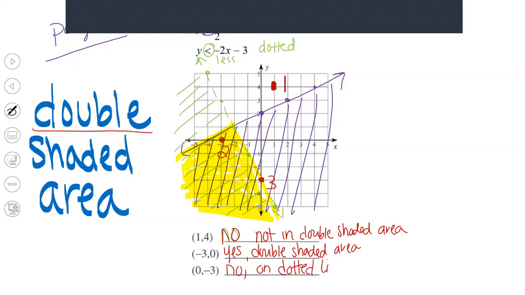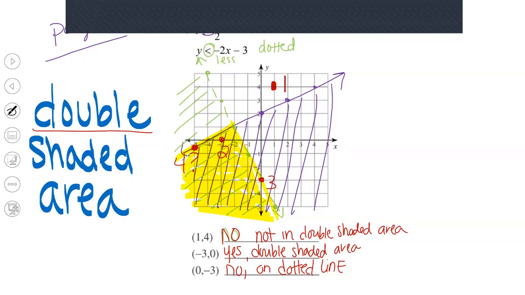Now, I'm going to ask you 2 what ifs. Okay? So this isn't on your paper, so pay attention. What if it was on this point right here? I'm going to put 4 with a question mark. Is that a solution? Yes, why? It's on a solid line that's located in the double shaded area.